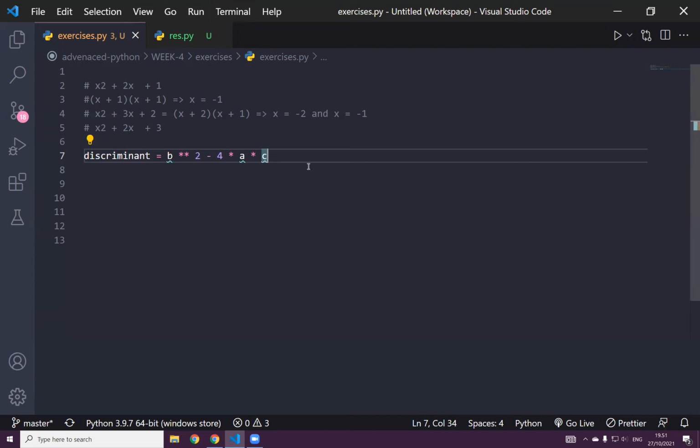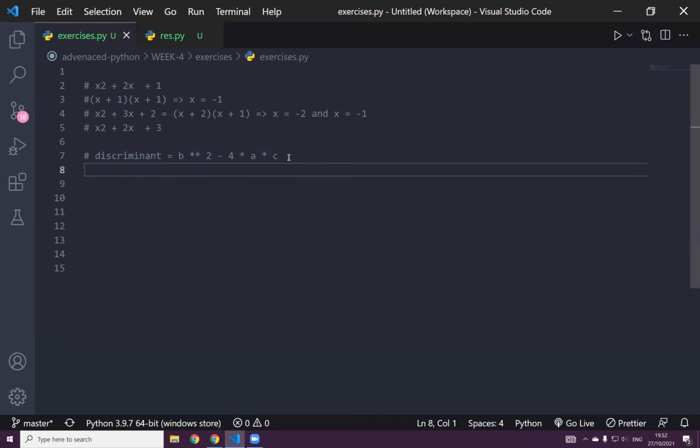Okay, so let's see what the value is for this. Let's check. We follow the pattern as I showed you. What's b here? 2.